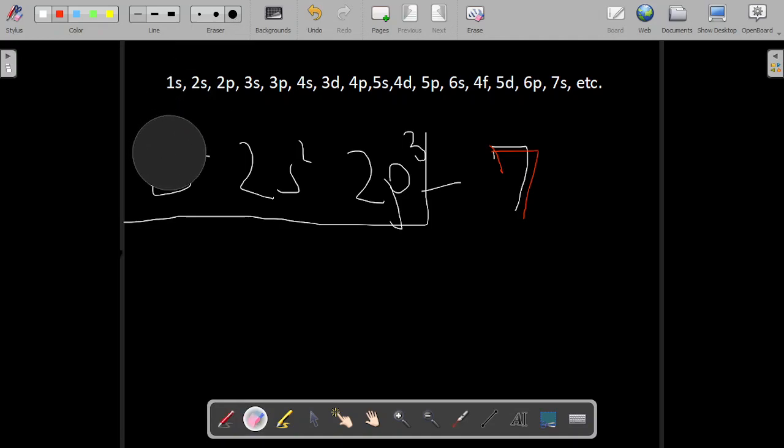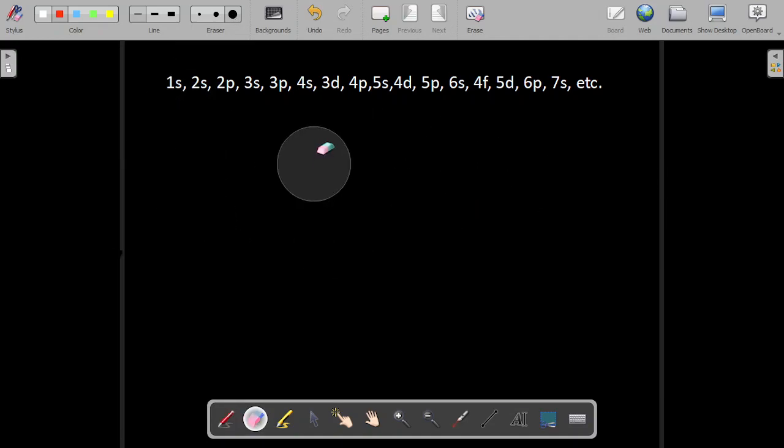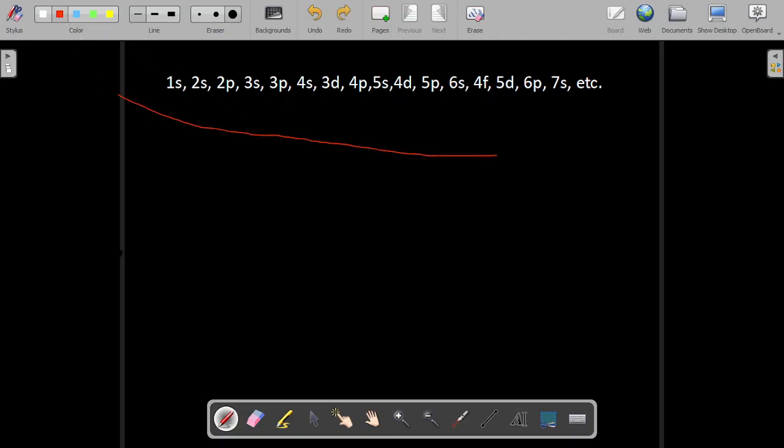So how do we represent electrons in the orbitals of subshells? Here is the order of increasing energy level, and we need to understand this.